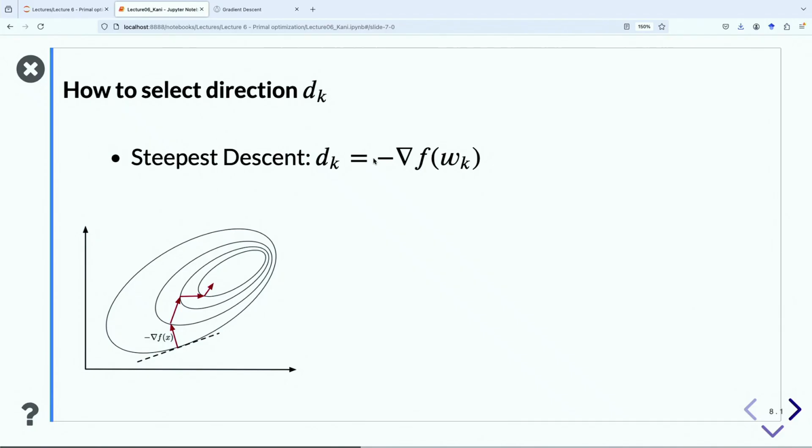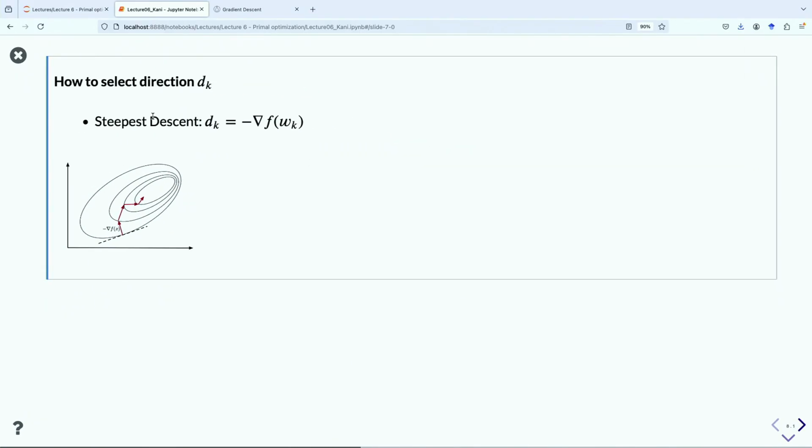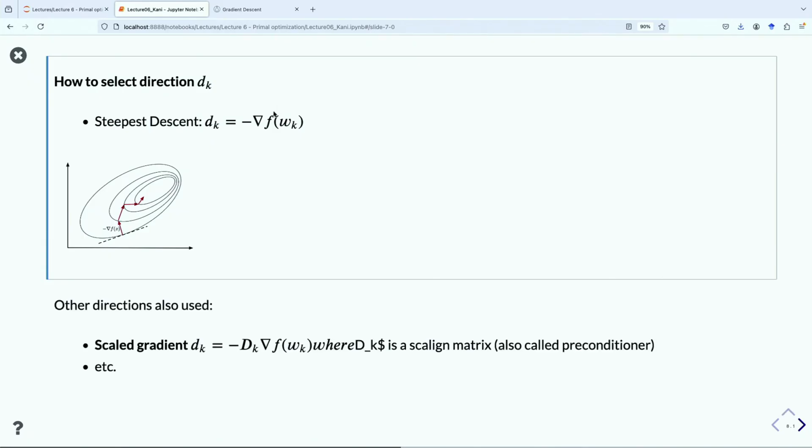All the difference is that for steepest descent, we assume that the direction is equal to the gradient of the function that you're optimizing, okay? Again, people are going to throw around this term. All you need to know is that this term isn't anything important, it just means that the descent direction is equal to the gradient. Okay, so there are other directions that you could use.